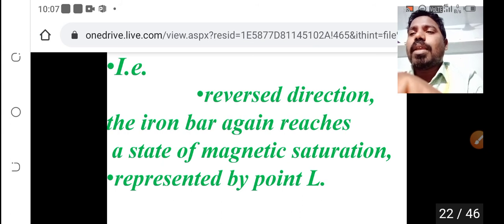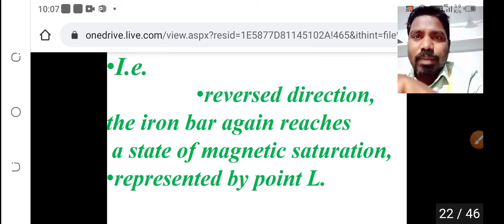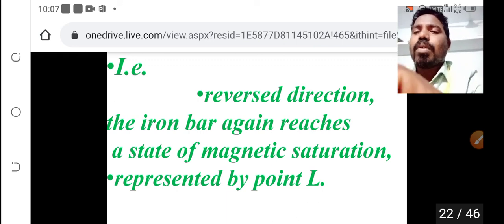In the reverse direction, the iron bar again reaches a state of magnetic saturation, which is represented by point L. You can see it in the figure.